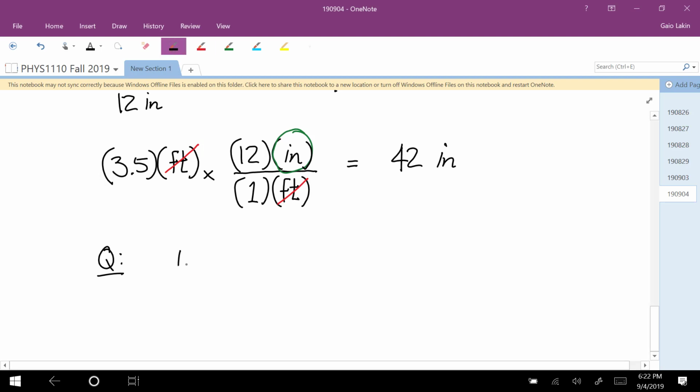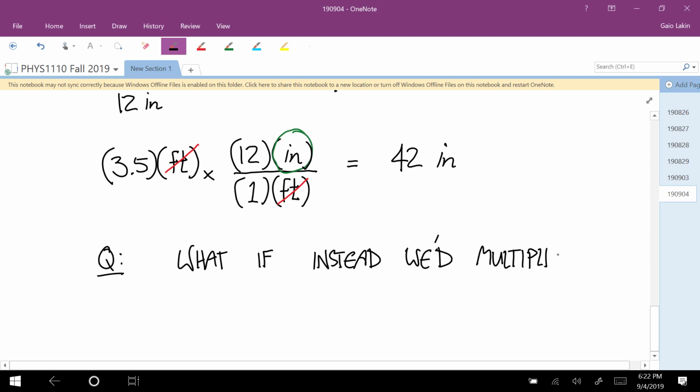So what if instead we had multiplied by 1 foot over 12 inches?